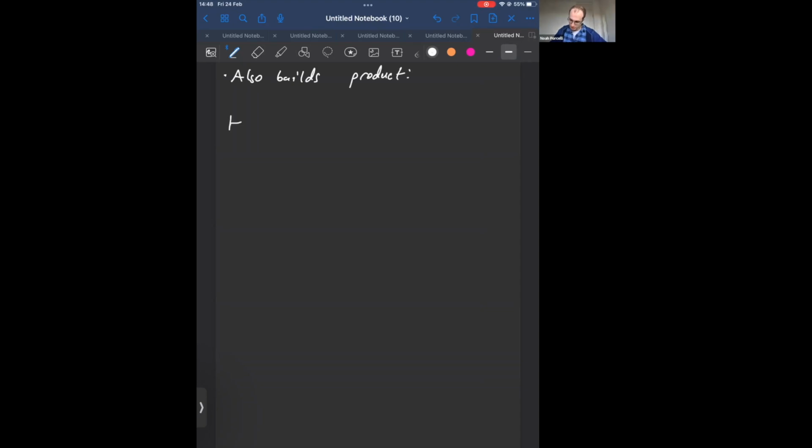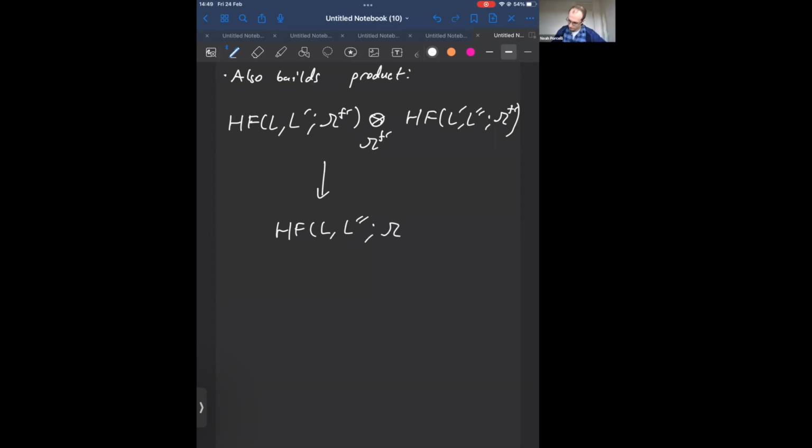So this is some map from HF of L prime in frame bordism, tensored over frame bordism with Floer homology for L prime and L double prime to HF of L double prime in frame bordism. And he also proves that this is homotopy associative, as with usual Floer homology.